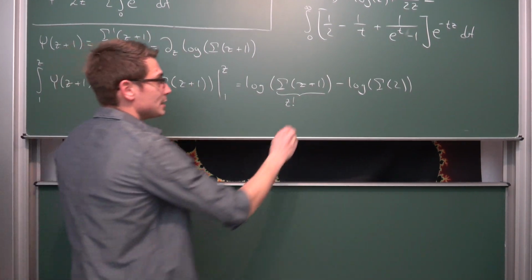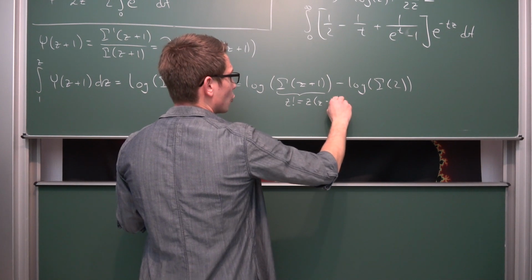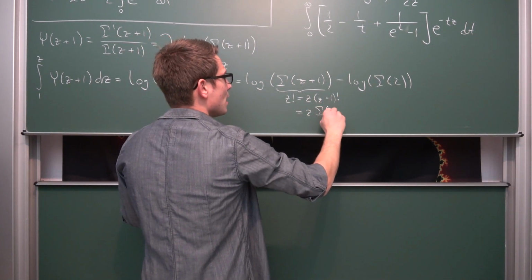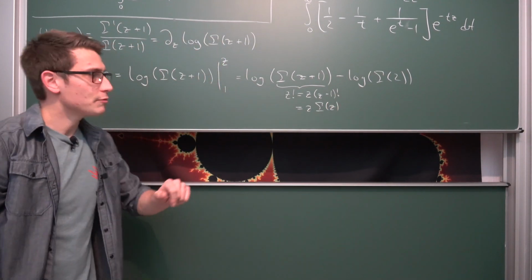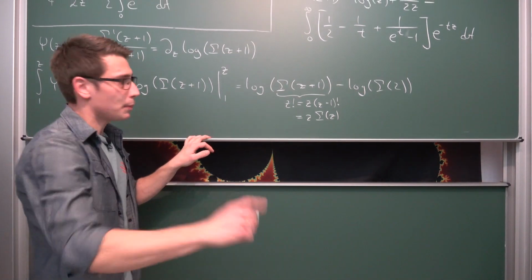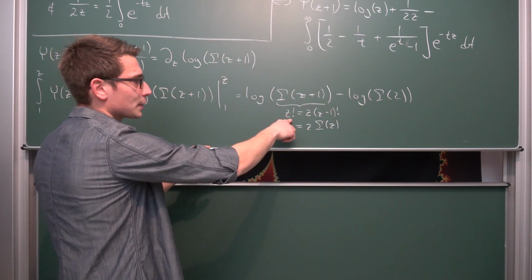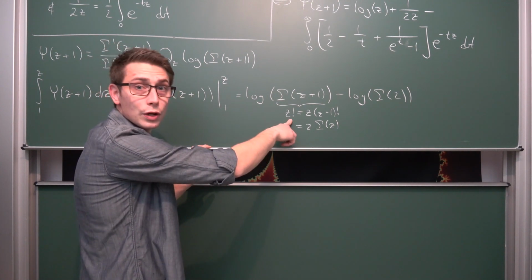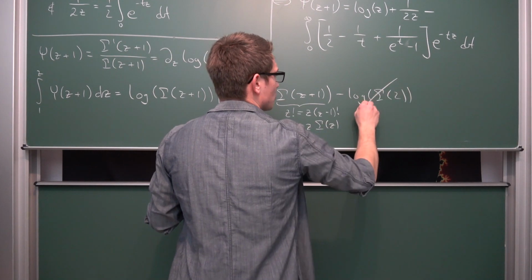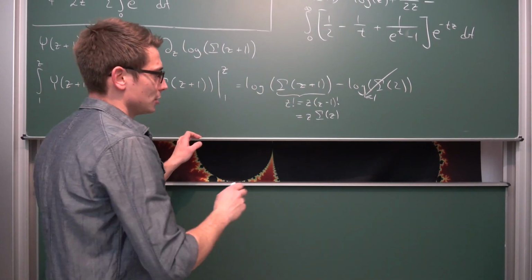By the recursive property of factorial, this is the same as z times z minus 1 factorial, and z minus 1 factorial is the same as gamma of z. This is just something I want you guys to keep in mind. We are going to rewrite this a tiny little bit in a second. But using this property, gamma of 2 is the same as 2 minus 1 factorial, so 1 factorial, which is the same as 1. The logarithm of 1 is going to cancel out. As mentioned before, we make our life a tiny little bit easier with those initial values.